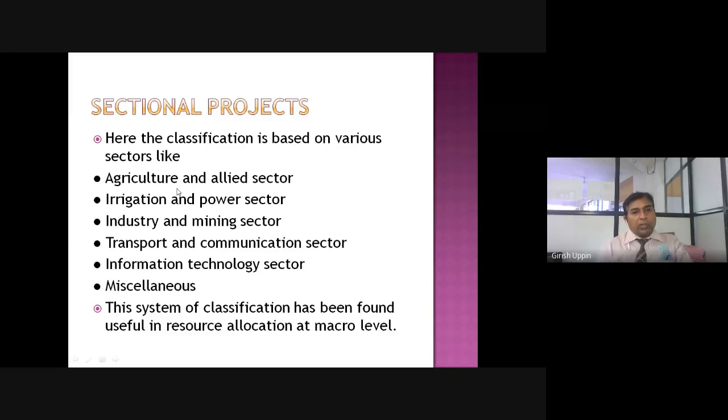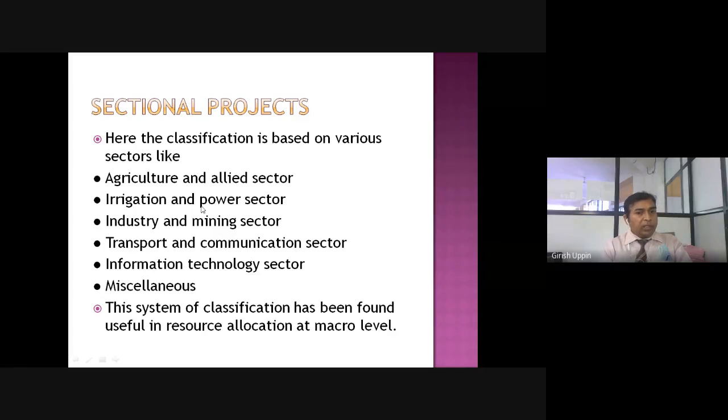Agriculture projects may involve direct agriculture or whatever produce you get. You must have seen many food processing projects, right? Where you work on the produce and make some other kind of product. Those kinds of projects fall in the agriculture and allied sector.